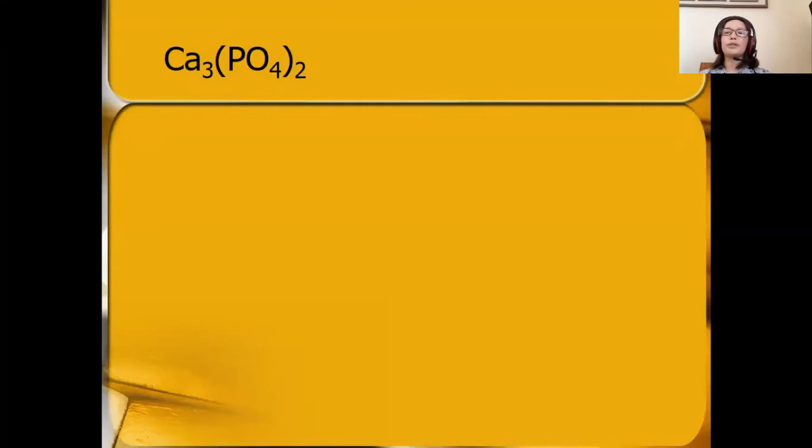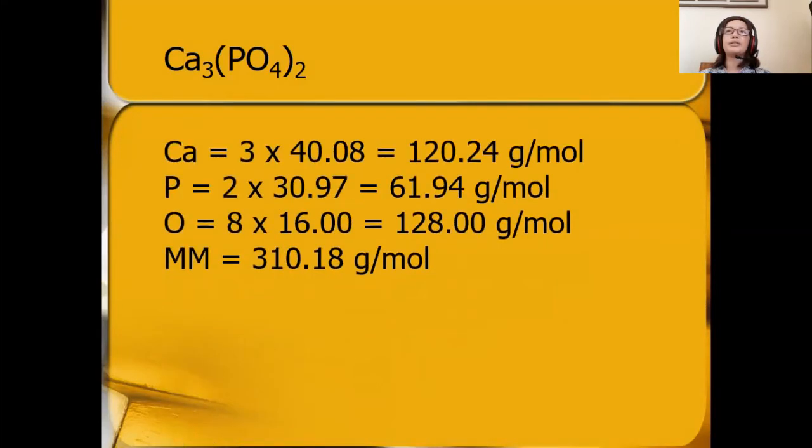Also for calcium phosphate, take a look at the chemical formula. You check how many atoms of calcium, phosphorus, and oxygen are in calcium phosphate. Then you simply check the atomic weight of the elements in the periodic table and get the sum of the atomic masses of these elements. So for the mass of calcium, you have 40.08, and then you multiply to 3.